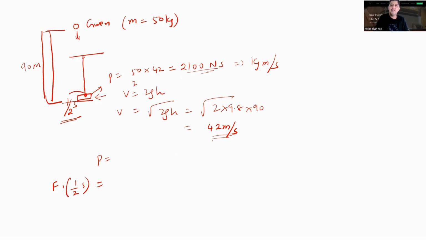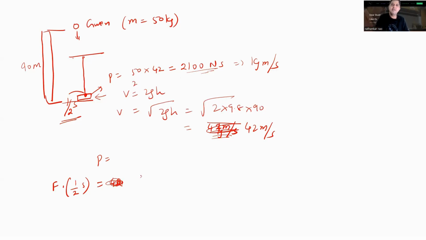What is the change in momentum? The initial momentum when she is about to touch the floor is, sorry, not 42. So this is your velocity, and this is your momentum.